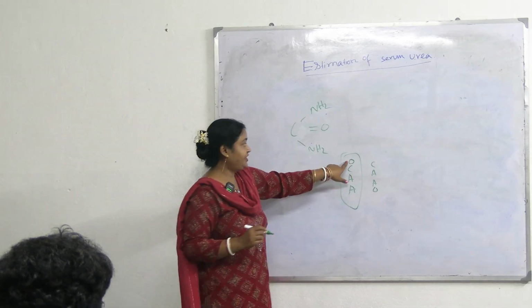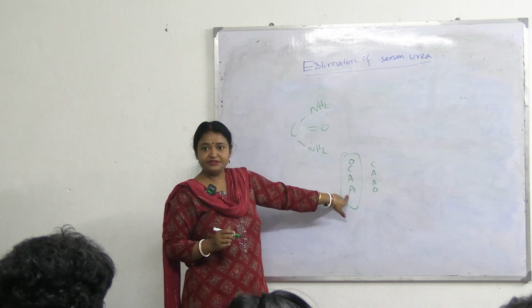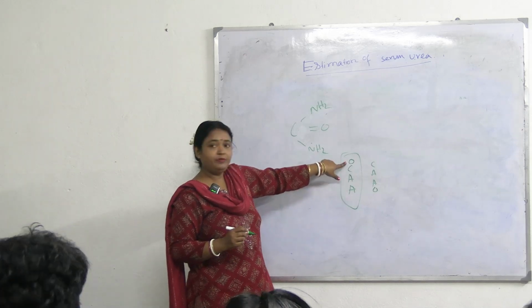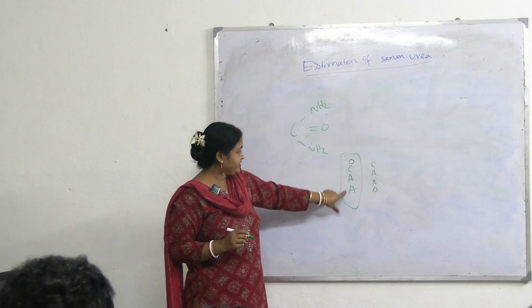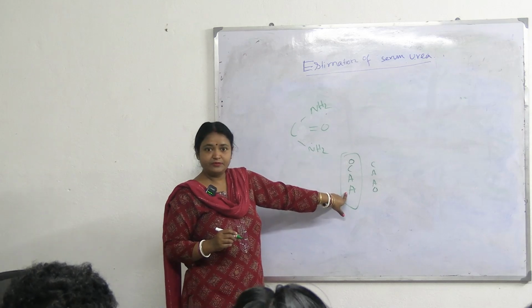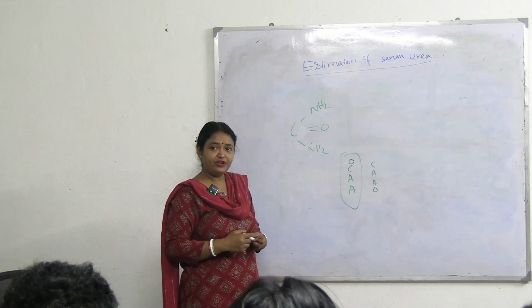Ornithine, citrulline, argininosuccinate and arginine. Ornithine step is inside the mitochondria, and these three steps will be in the cytoplasm. And there ATP also is needed.